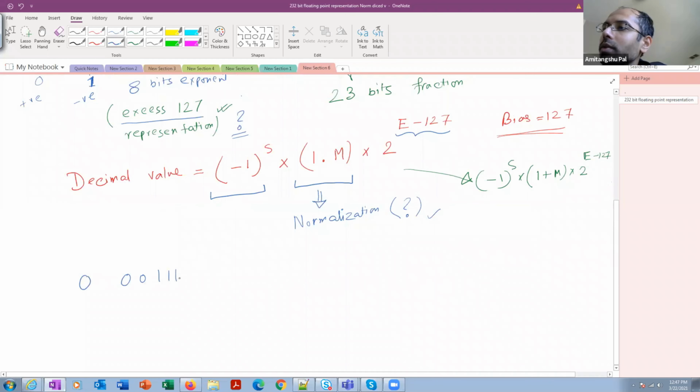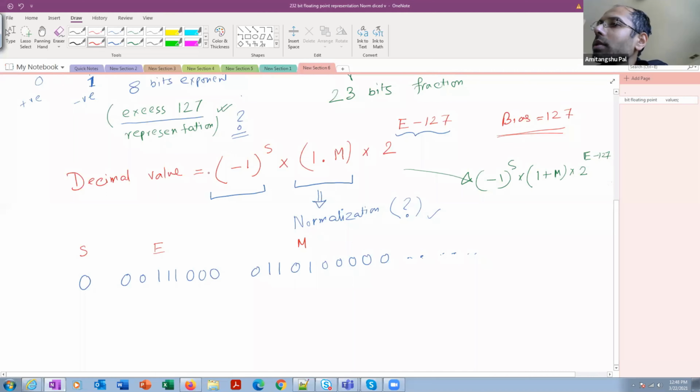So the first job is to divide the number into sign, exponent, and mantissa sections. Here the first bit is the sign bit. Next 8 bits are the exponent, 1 2 3 4 5 6 7 8, and the remaining 23 bits are the mantissa. Okay, this is the first job.